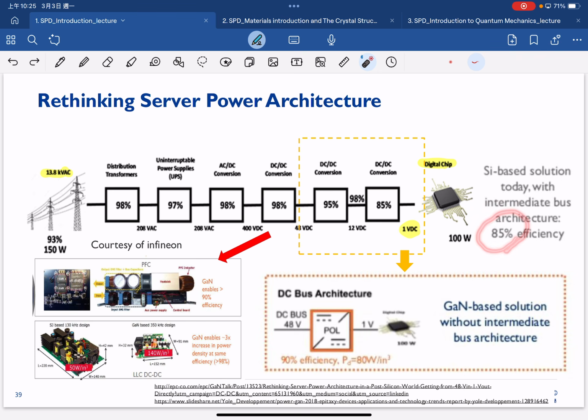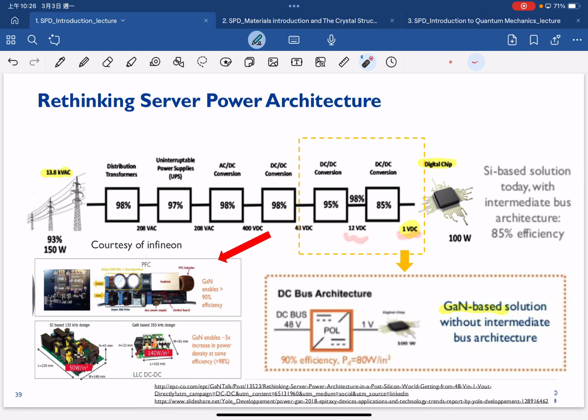But if we try to replace the technology with some new material, for example, in the case I mentioned, a gallium nitride based solution. Traditionally we need to have two stages. We have 28 volt to 12, and this is 12 to 1 volt.